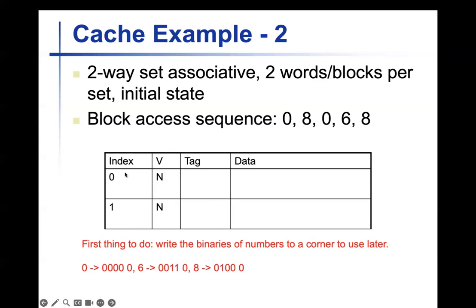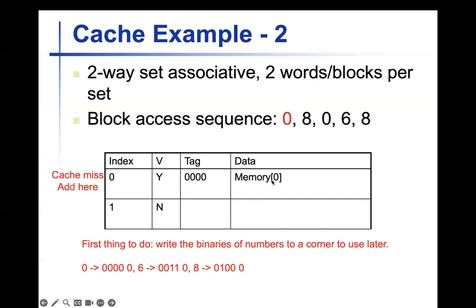So that means that my numbers 0, 6, and 8 are going to have only their last digit as their index. All the rest of the memory address, the 4 bits at the beginning, are going to become tags. So let's start our example with this given setting.